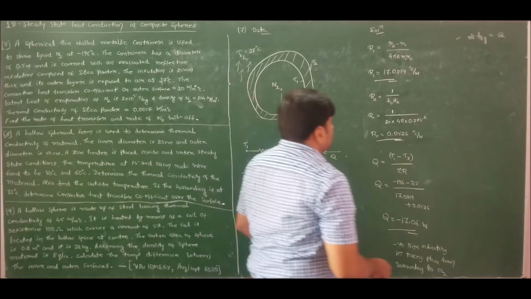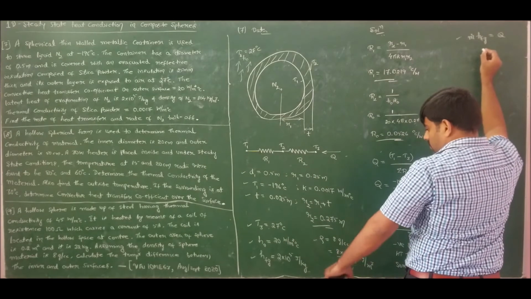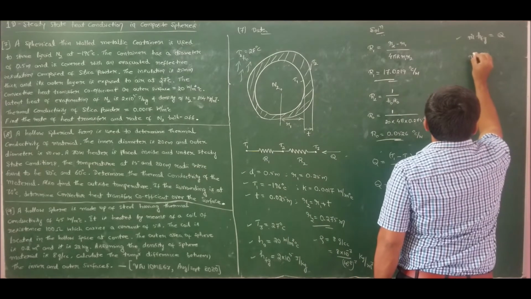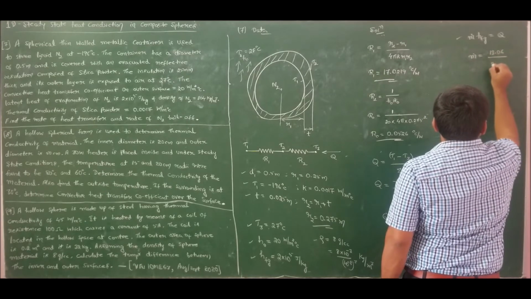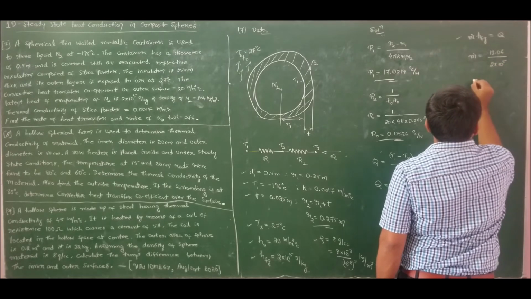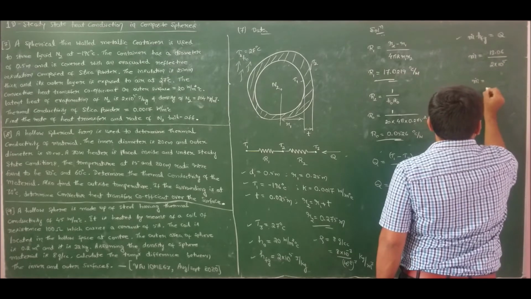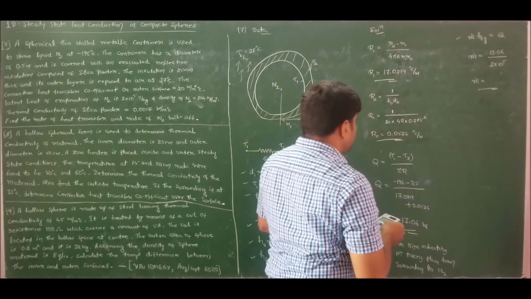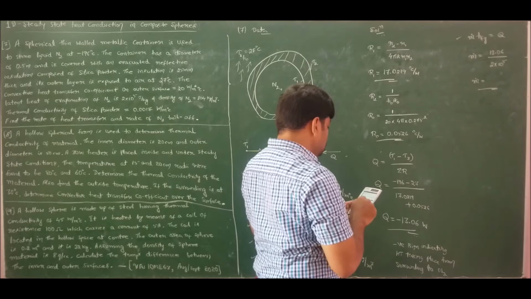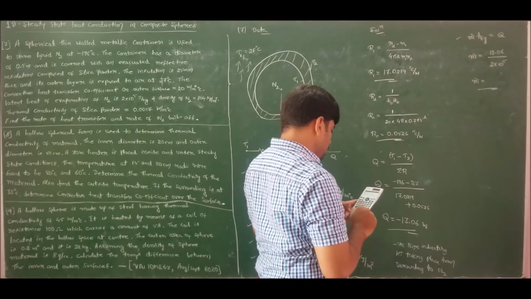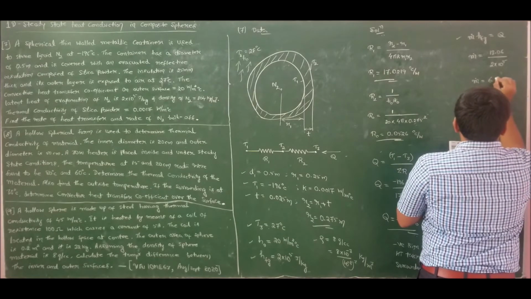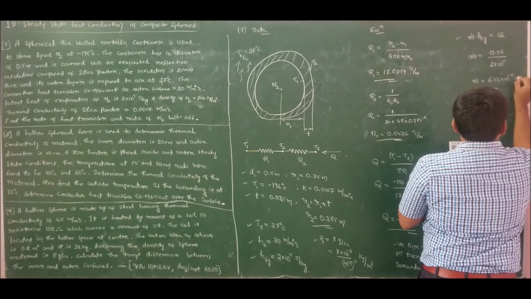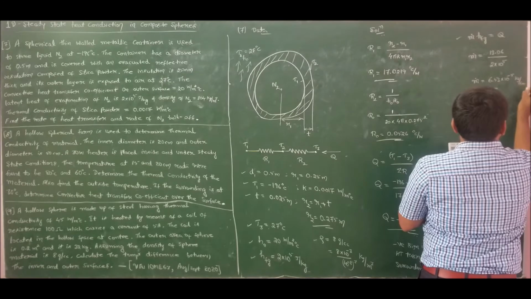We know that h_fg is equal to 2 into 10 to the power of 5, hence m dot will be equal to Q, which is 13.06, divided by 2 into 10 to the power of 5, which is 6.53 into 10 to the power of minus 5 kg per second.